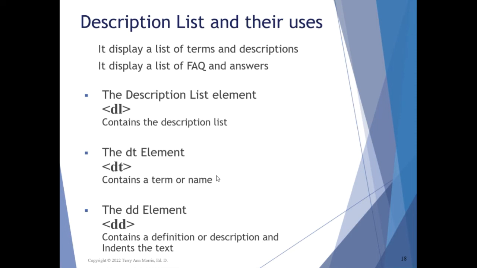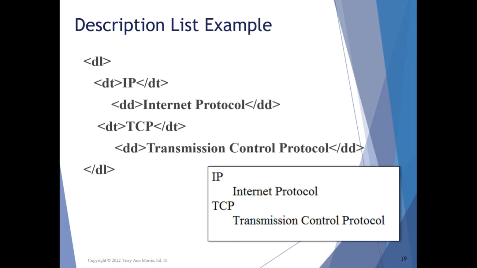This contains a definition or description and indents the text. The DL HTML element represents a description list. The element encloses a list of groups of terms that are specified using the DT element and descriptions provided by the DD elements. Common uses of these elements are to implement a display of metadata.